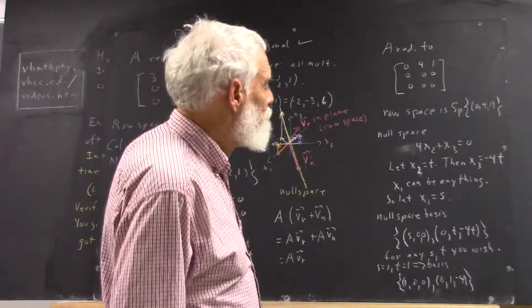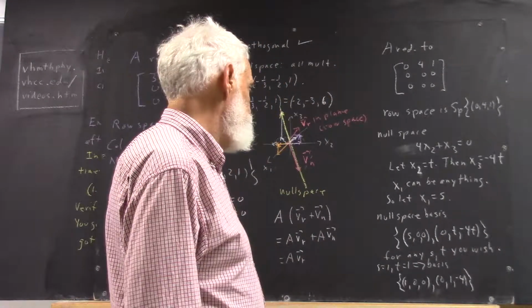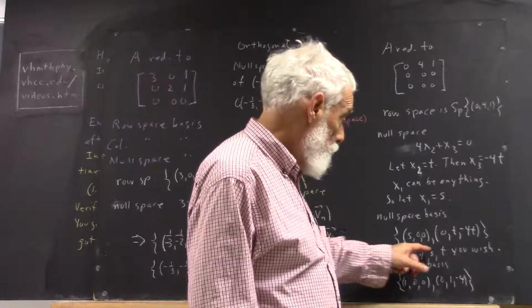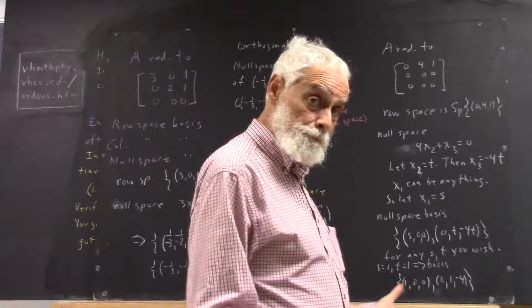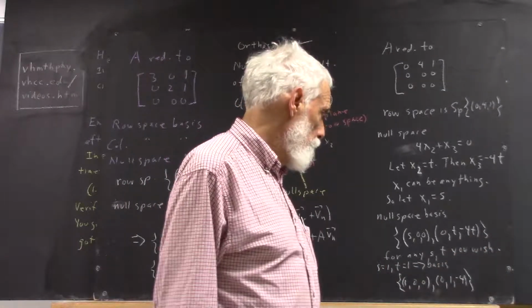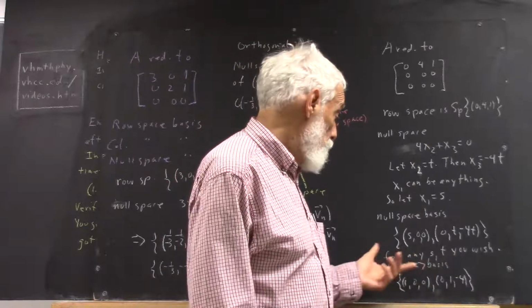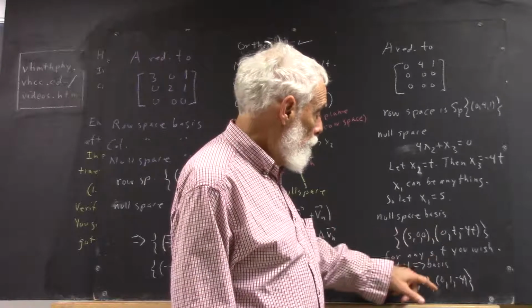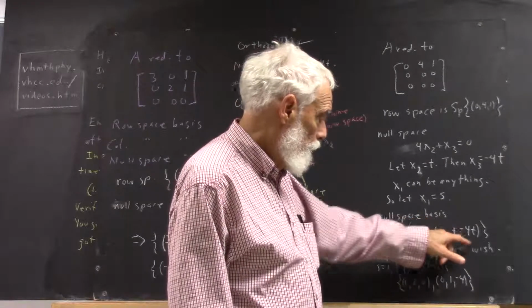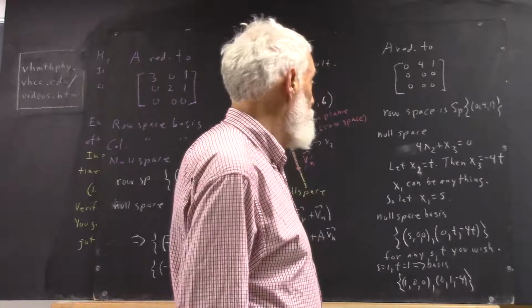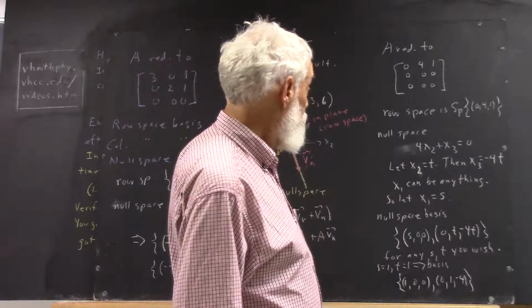Well, actually, the basis would be this for any s and t you wish to use. Along with the idea of keeping it simple, we're going to let s and t both be 1. So this vector becomes 1, 0, 0. This vector becomes 0, 1, negative 4. Okay, so there are the basis of our null space.